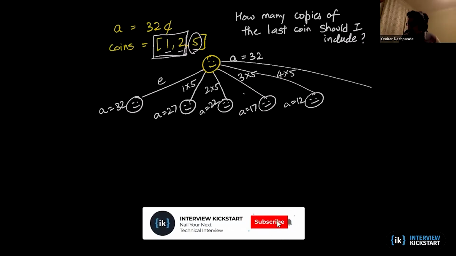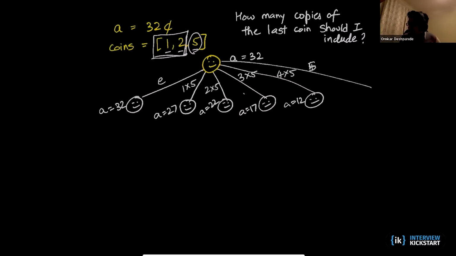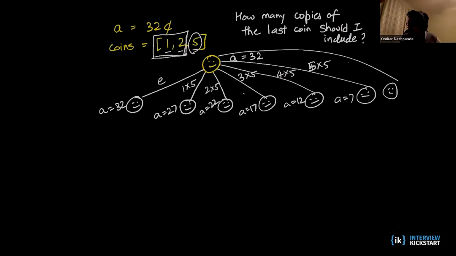Or maybe I could pick 5 copies, amount of 7. Or maybe I could pick 6 copies, in which case this would be 2. If I picked 7 copies, then the remaining target amount would be negative, which is not a valid amount. So I won't make that choice.